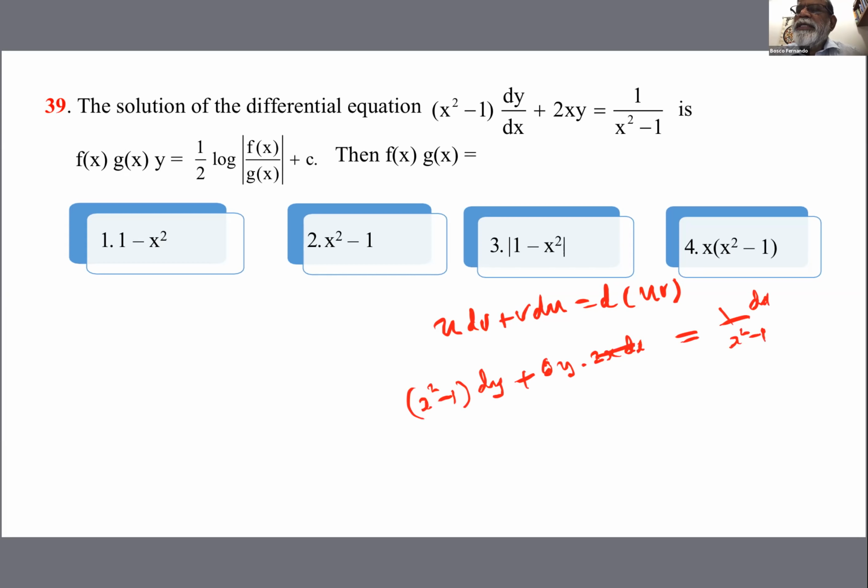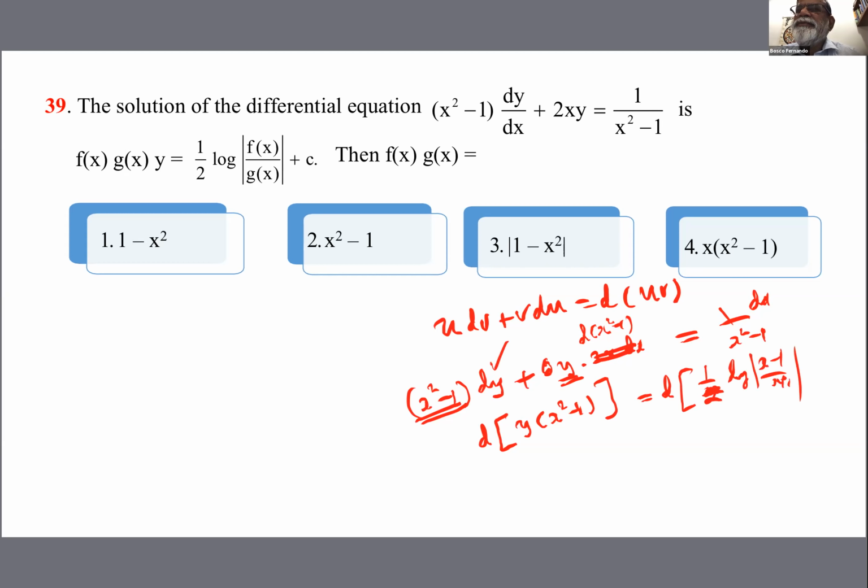This 2x dx is d of x squared minus 1. So this is d of y into x squared minus 1. The differential of the product is the first function into the differential of the second function plus the second into the differential of the first. This is equal to d of the ordinary integration, 1 by 2 logarithm of modulus x minus 1 by x plus 1.